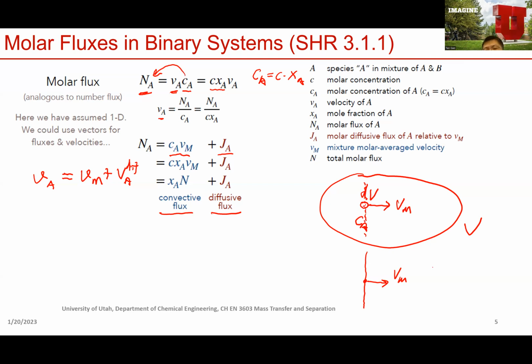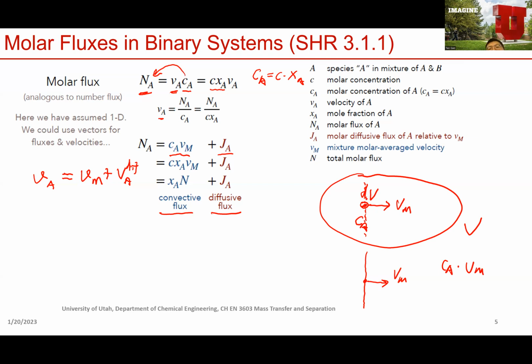That is molar flux, that is Ca multiplied by Vm. But meanwhile, if the concentration of A in this control volume is not uniform, which we can expect, there will be a concentration difference at this point compared to the nearby point, right?